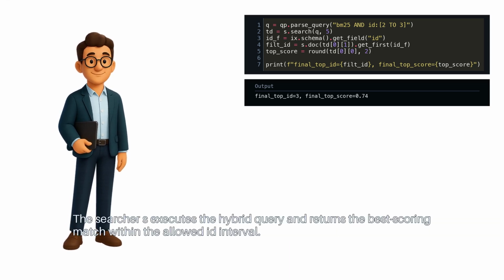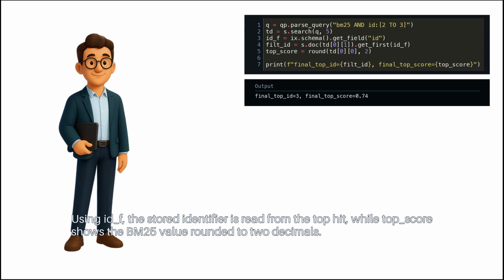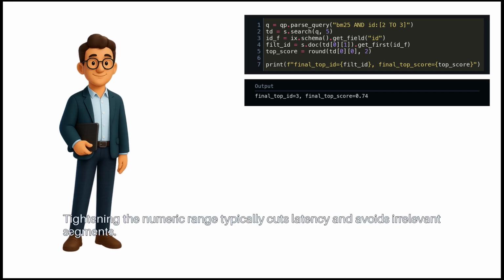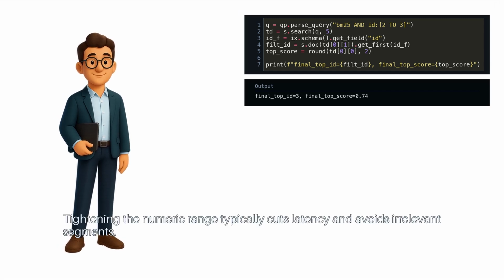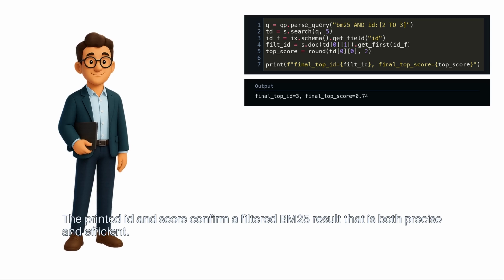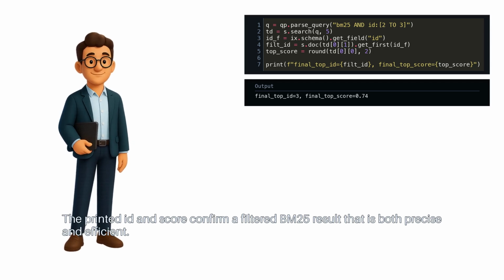The Searcher S executes the hybrid query and returns the best scoring match within the allowed ID interval. Using IDF, the stored identifier is read from the top hit, while top score shows the BM25 value rounded to 2 decimals. Tightening the numeric range typically cuts latency and avoids irrelevant segments. The printed ID and score confirm a filtered BM25 result that is both precise and efficient.